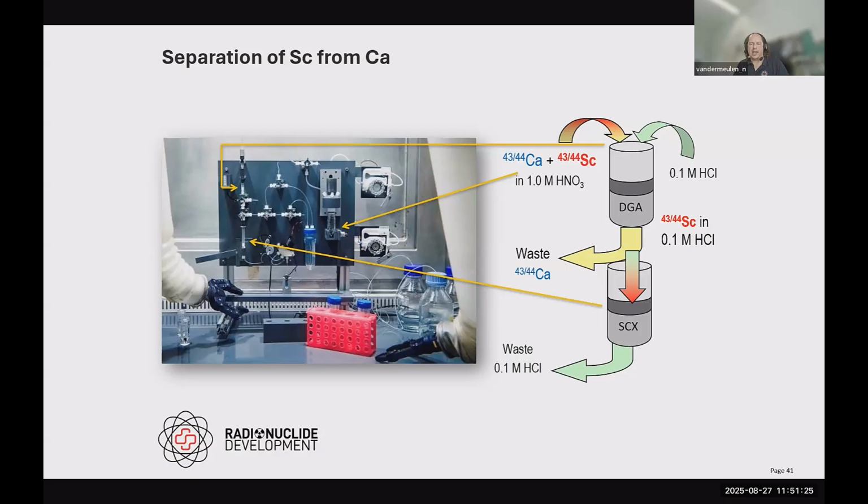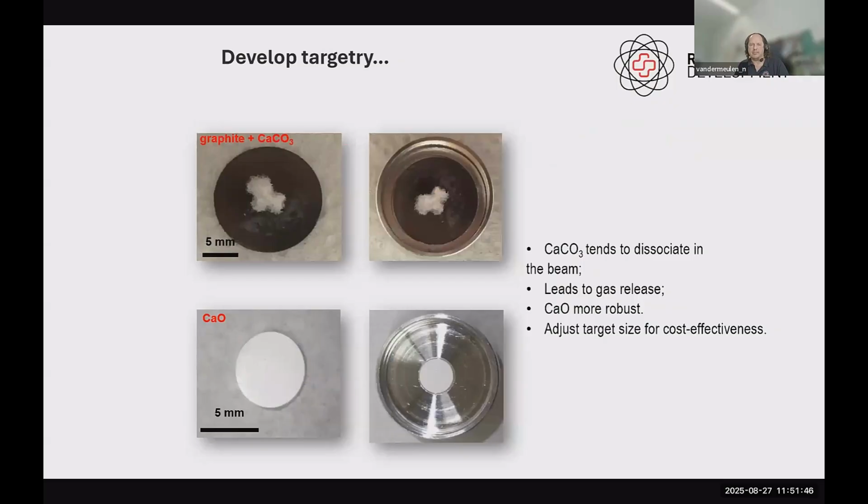And then we have what we call a column for concentration purposes, and you would load that onto the column and take it off in a small volume for preclinical or clinical application. In this case, this one with the SEX column is focused on the clinical side of things. So again, targetry becomes an important thing.